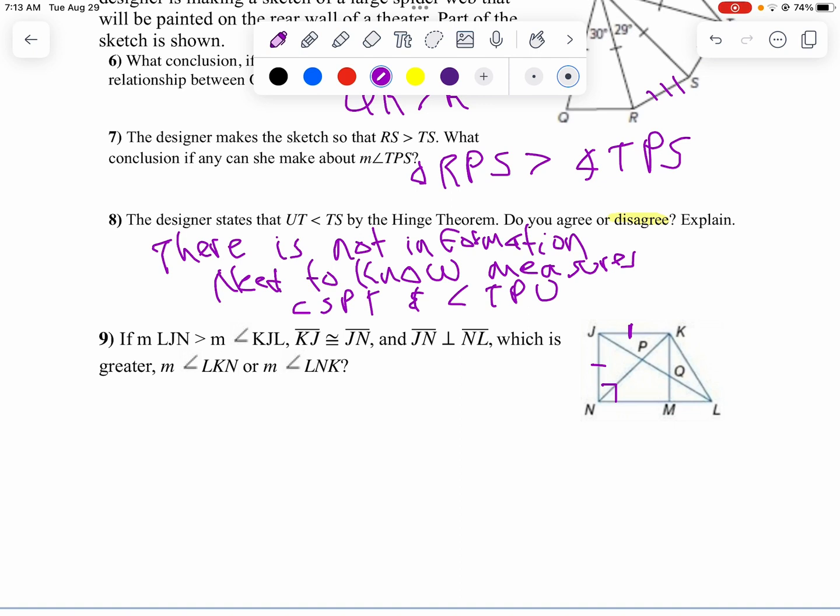Now, we want to know which one is greater, LKN or LNK. Well, if we take a look at that, we know LN is greater than LK.